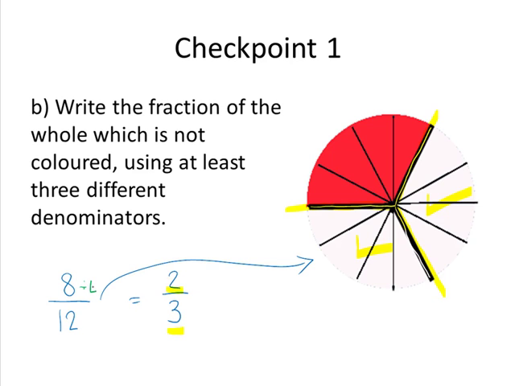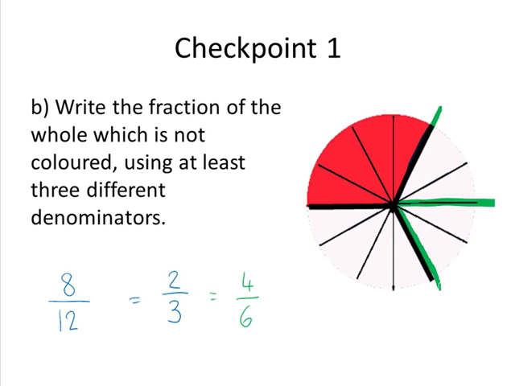Divide both top and bottom by 4. 8 divided by 4 equals 2. 12 divided by 4 equals 3. 8/12 equals 2/3. We can also write this fraction as 4 over 6. Imagine this being divided into 6 pieces. 4 of those pieces are not shaded.